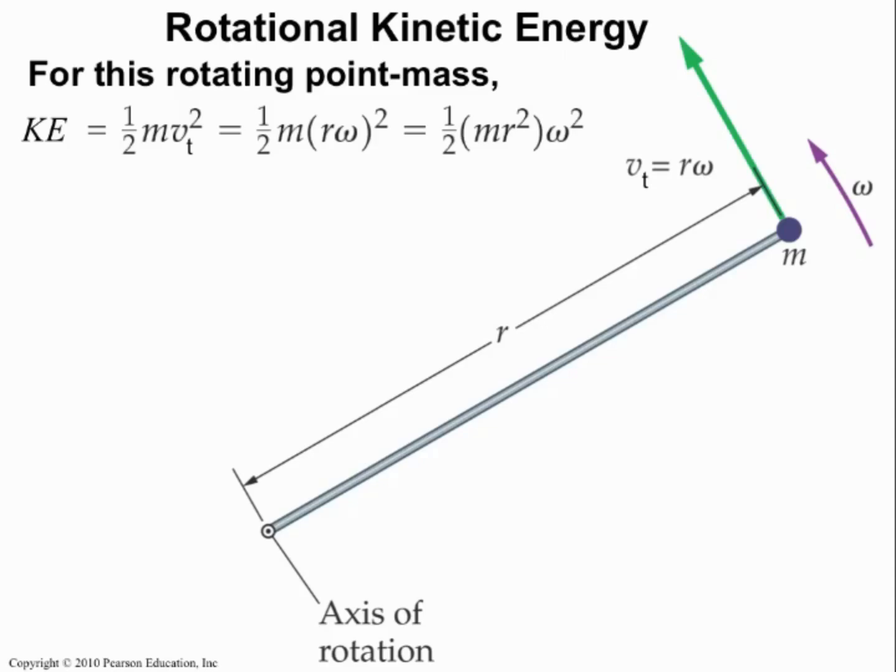And the definition of kinetic energy is 1/2 mv squared. And so the kinetic energy of this tiny particle, this point mass, is 1/2 m vt squared. Well, that equals 1/2 m r omega squared, since vt equals r omega, as we learned in the last section. And then just simplifying, that's the same as 1/2 m r squared omega squared.